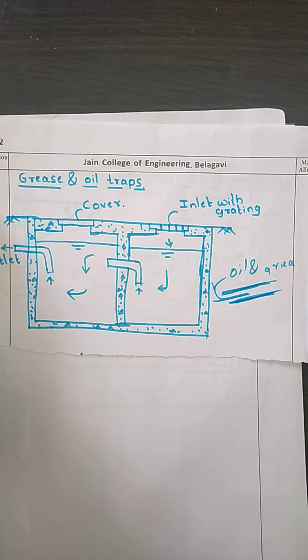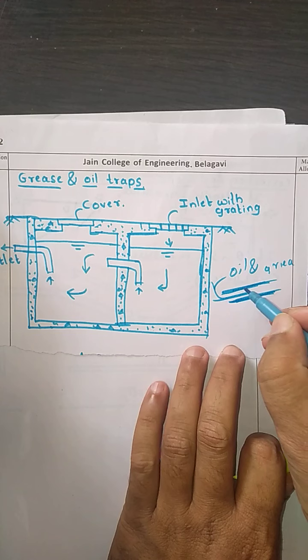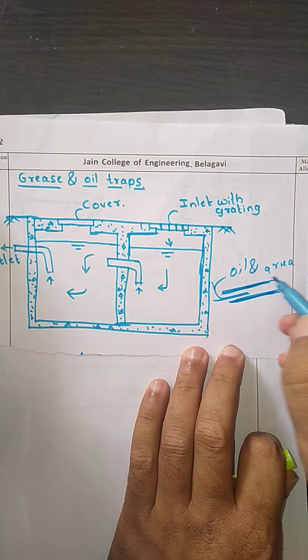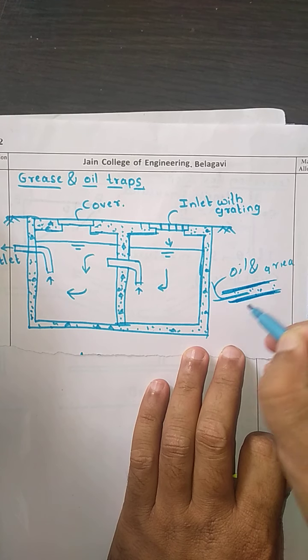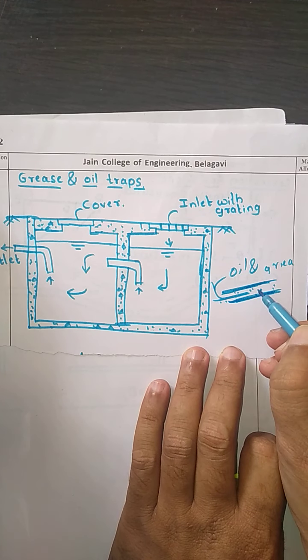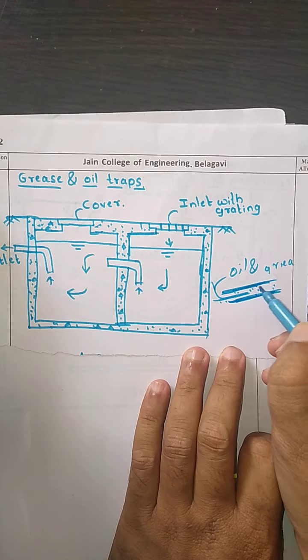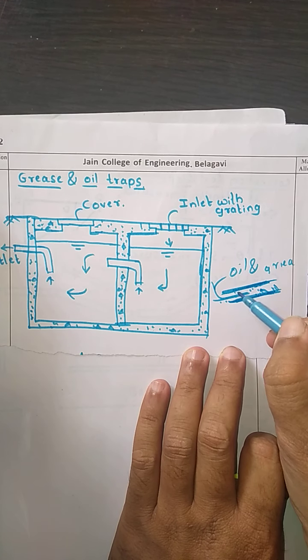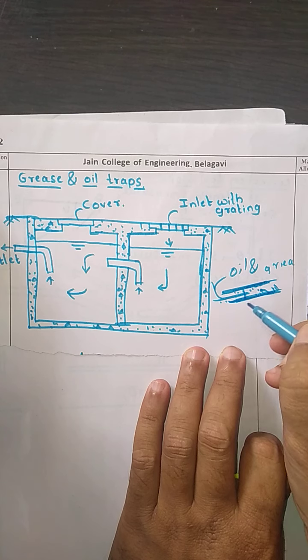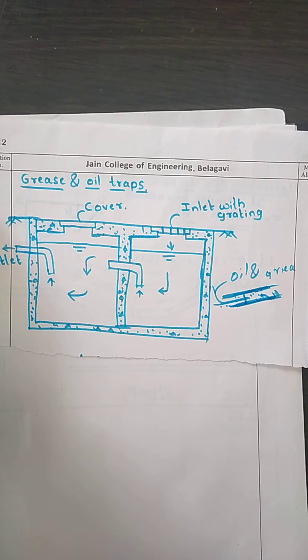And if sand, silt and grit are present in the wastewater, the oil and grease will attract these sand and grit particles, and ultimately the sewer size is going to be reduced.